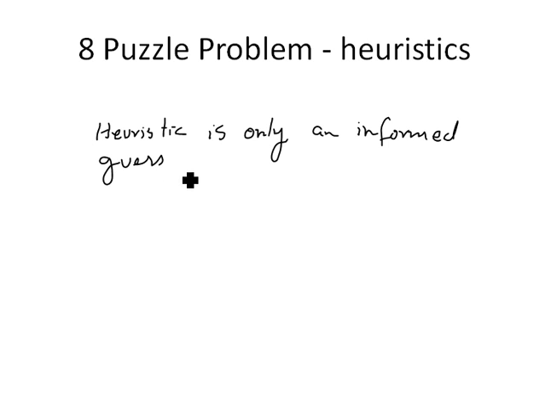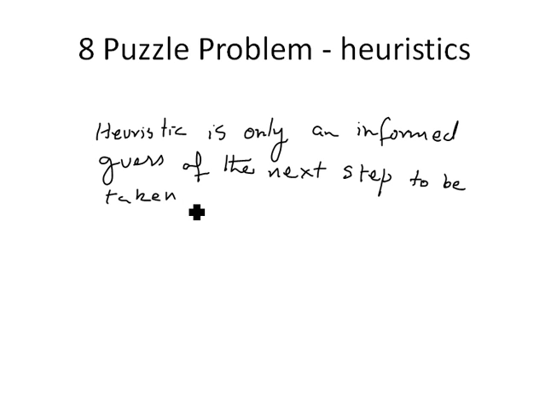It's an informed guess of the next step to be taken. Okay, so heuristic is only an informed guess, and that enables us to choose the next step that could be taken in solving a problem. Okay, good.